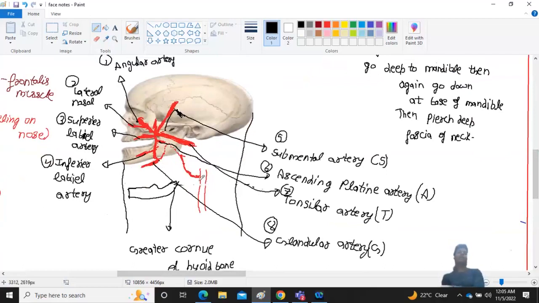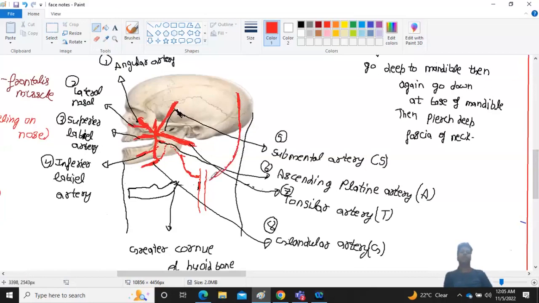This is the external carotid artery. You can draw its course here. The external carotid artery also gives a branch, the posterior occipital artery, similar to the posterior occipital vein.